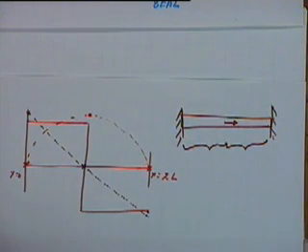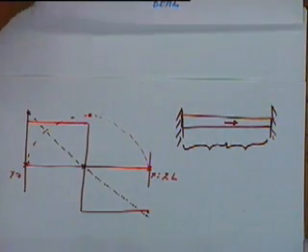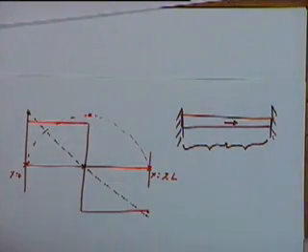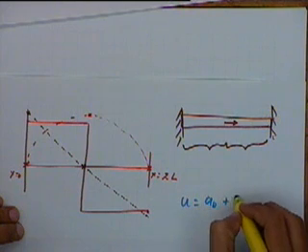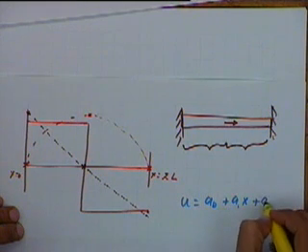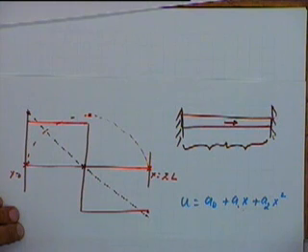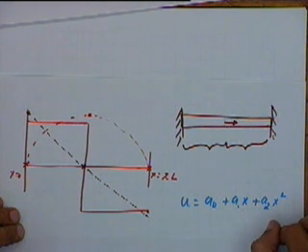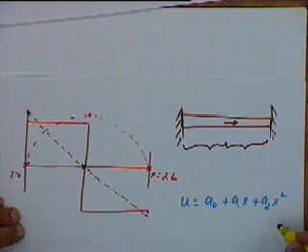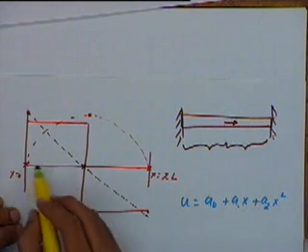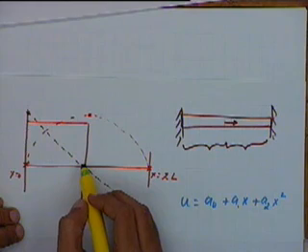This is how the actual strain is going to look, but we are getting a strain which is like this. That is basically because the assumption that we started with, that our deformation u is given by u equal to a0 plus a1 x plus a2 x squared, is not correct. The assumption that the deformation will be a quadratic function is not correct, because in this case we know that there will be a discontinuity here.